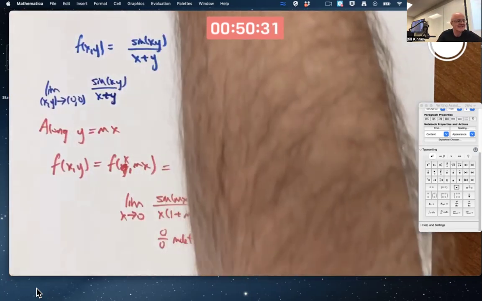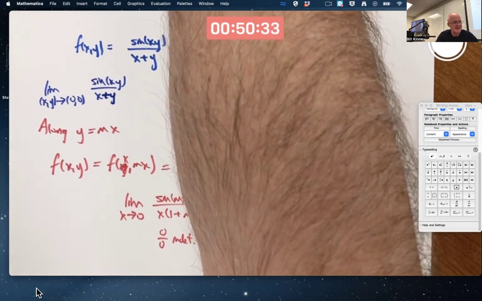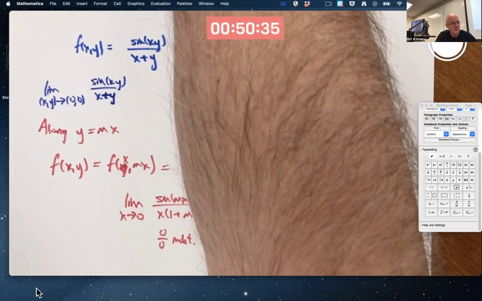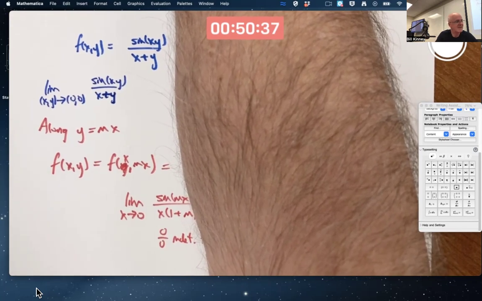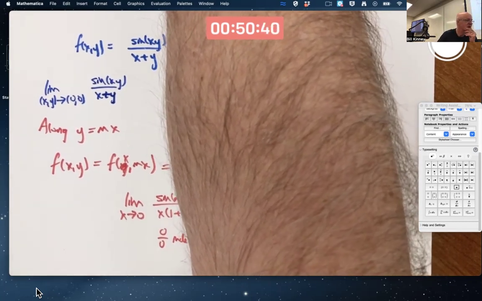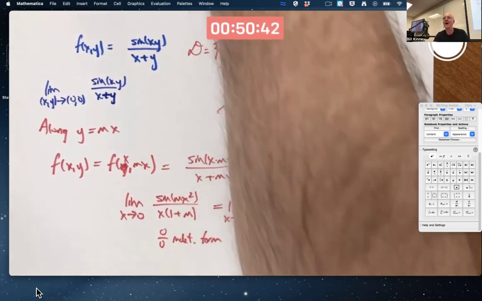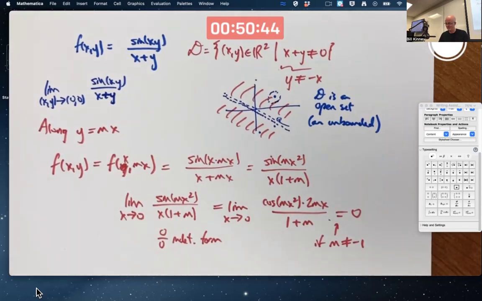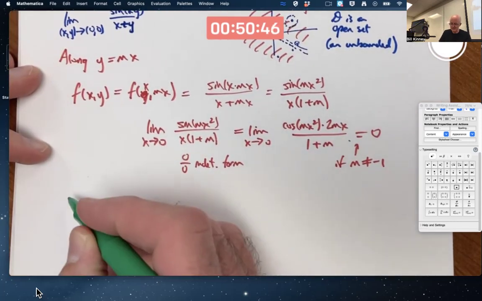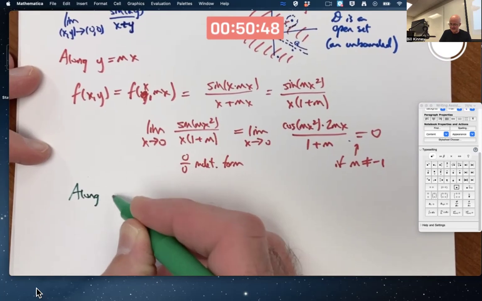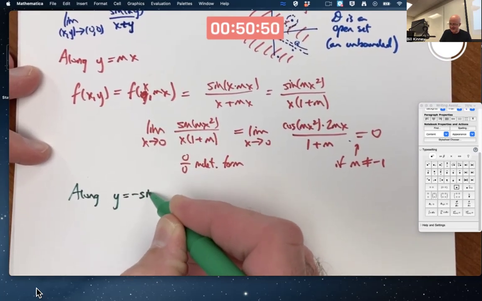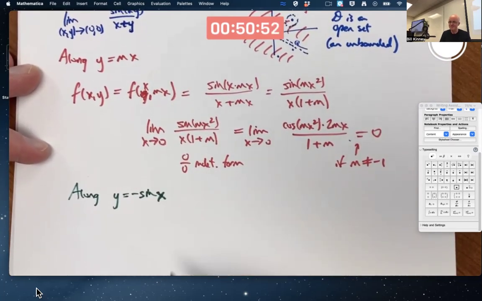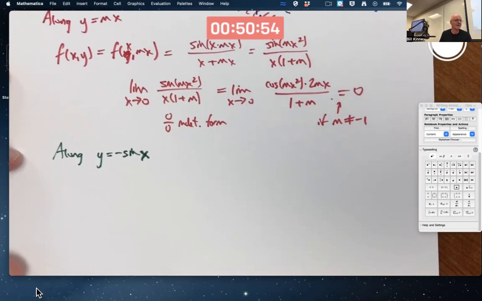And in fact, this is an example in the book. I'm doing examples in the book today to reinforce the reading. If you approach the origin along a certain curve, y equals negative sine x, the limit will not exist.